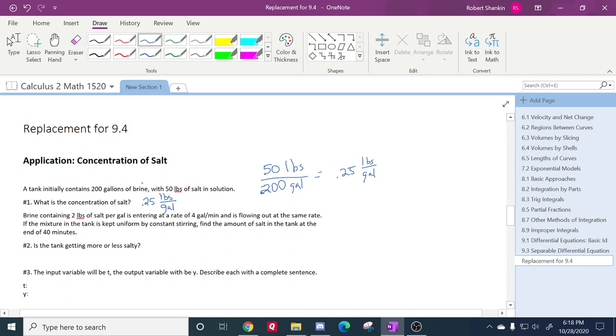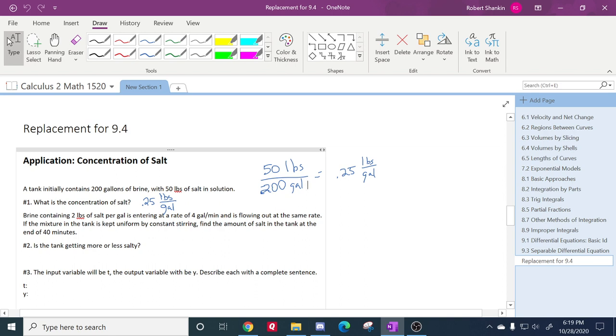But since we've got a solid and a liquid, it's not really 25% of the weight, it's not really 25% of the volume, it's just 0.25, 1/4 of a pound of salt in every gallon of brine. This is what this means.